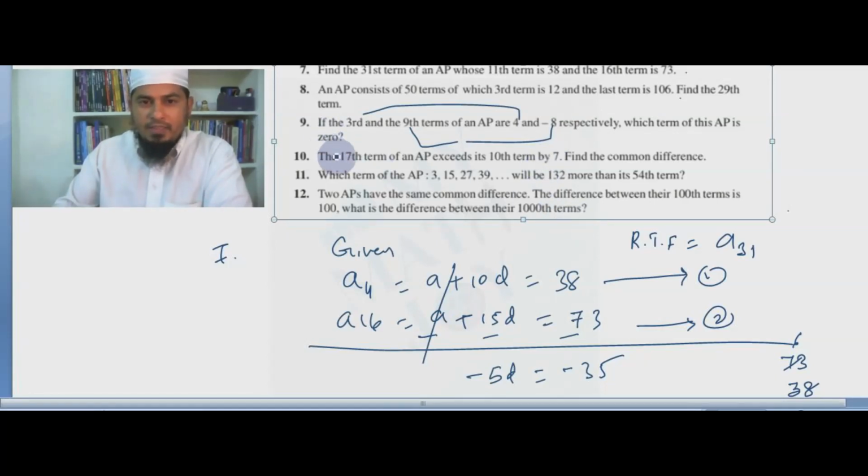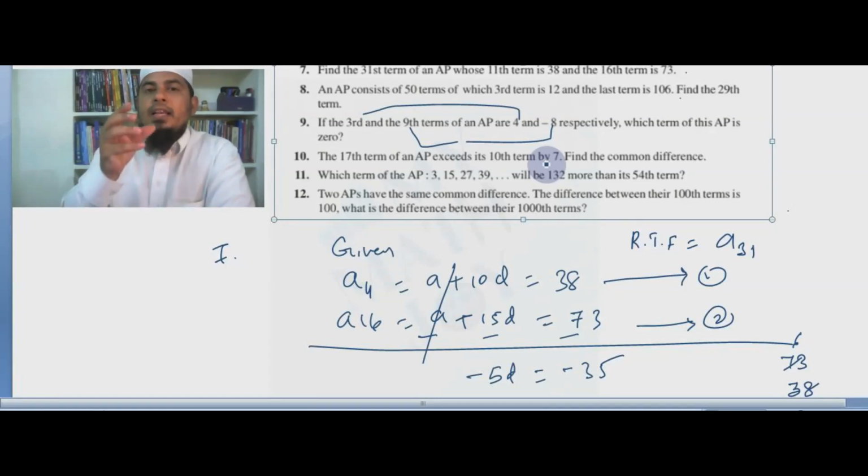We are having now the 10th question to be solved. The 10th question is saying that the 17th term of an AP exceeds its 10th term by 7. So whatever knowledge he is giving in words, we need to convert into an algebraic expression.